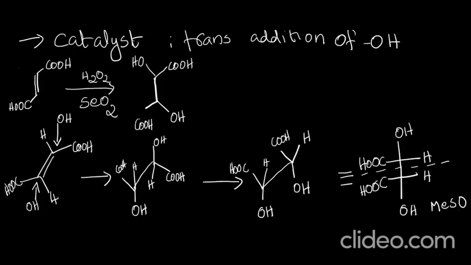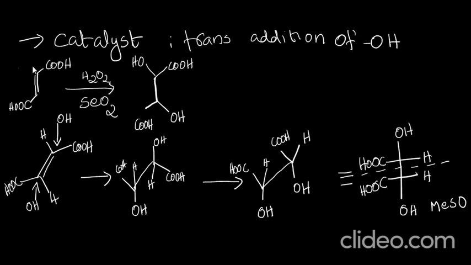Another application of selenium dioxide is that it can act as a catalyst in the presence of the reagent hydrogen peroxide. Hydrogen peroxide is a hydroxylating agent. So, in the presence of selenium dioxide, hydroxyl groups add to this double bond in a trans manner.